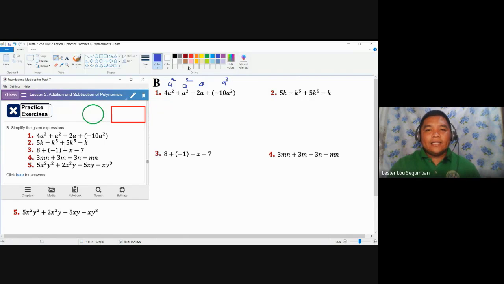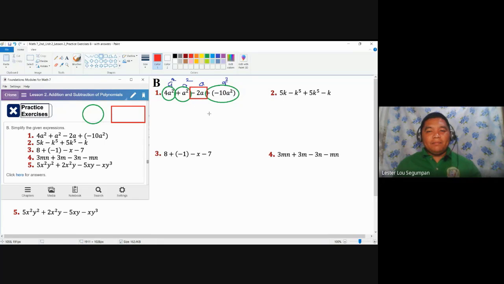Therefore, the like terms here are the first term, the second term, and the last term. The third term, since it's unlike, just for reference, let us place here a rectangle.